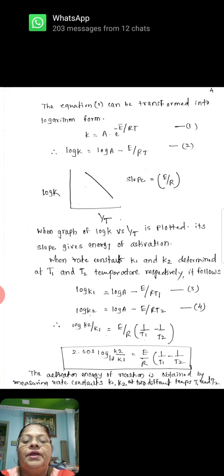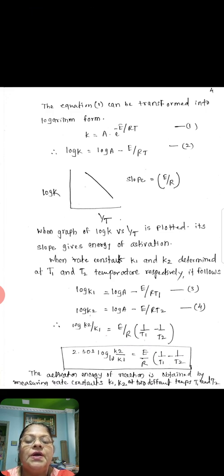When the rate constants k1 and k2 are determined at temperatures T1 and T2 respectively, it follows log k1 is equal to log A minus Ea upon RT1. This is equation number 3. And log k2 is equal to log A minus Ea upon RT2. This is equation number 4.